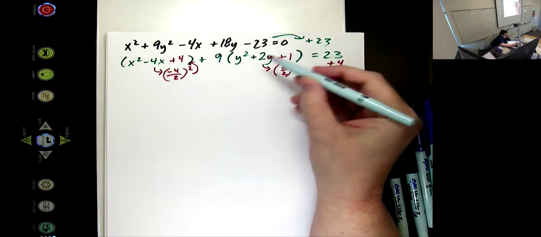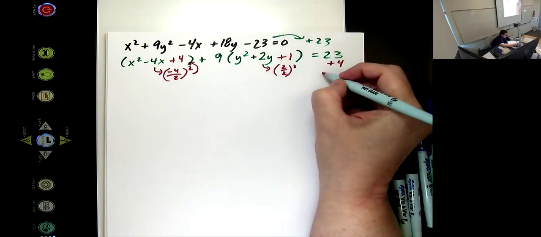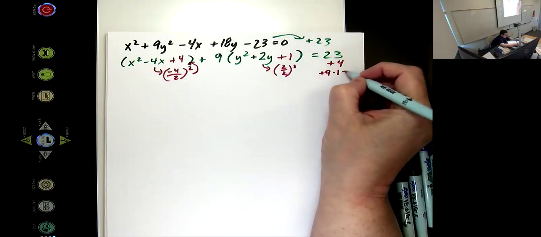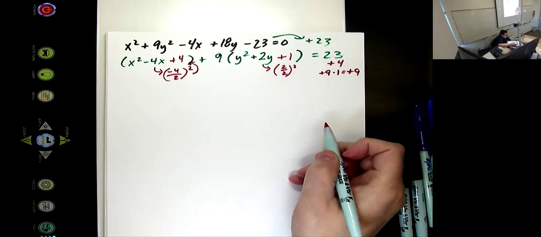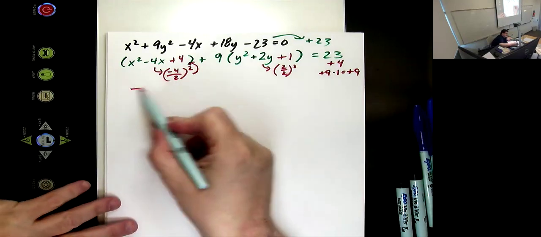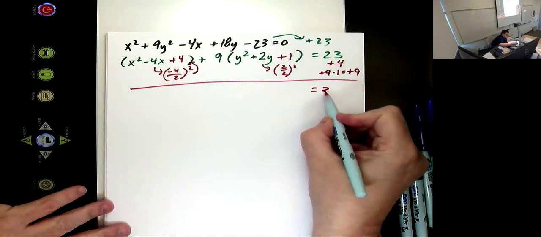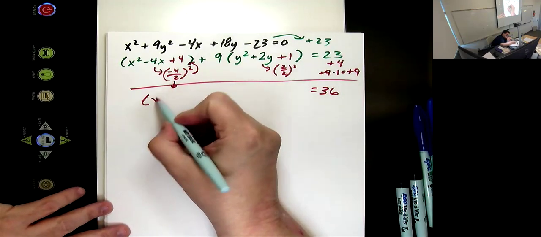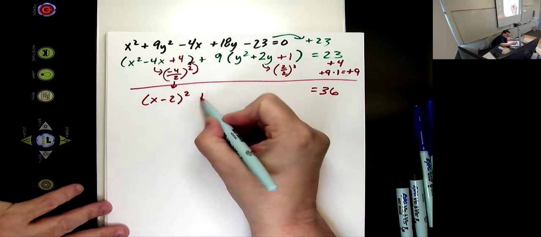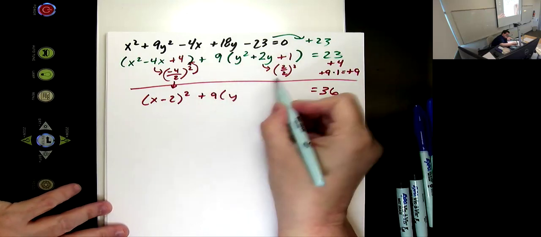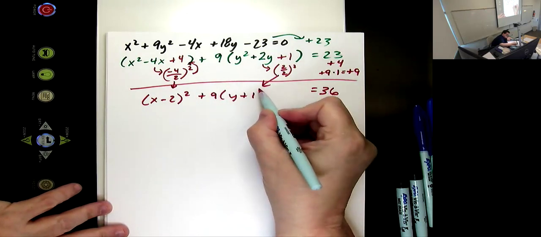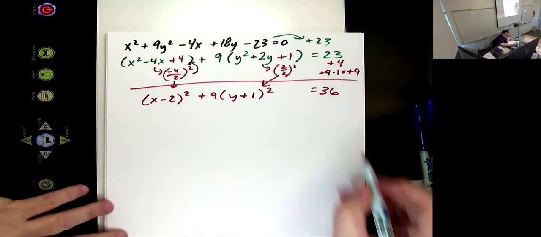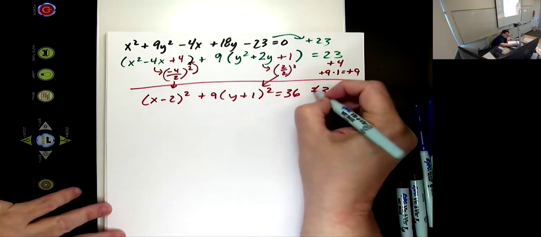We have really added 9 times 1, which is plus 9. So the right side adds up to 36. This goes right in the parentheses, (x minus 2) squared. This goes right in the parentheses, (y plus 1) squared. And I'm gonna move my 36 over a little bit closer.